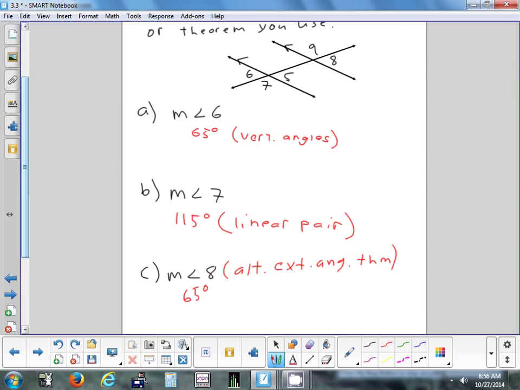Alternate exterior angles? Sure. Yeah, because we already know that 7 is 115, so 7 and 9 have to be the same. Okay. Anyone else see something else you could have done, besides alternate exterior angles?